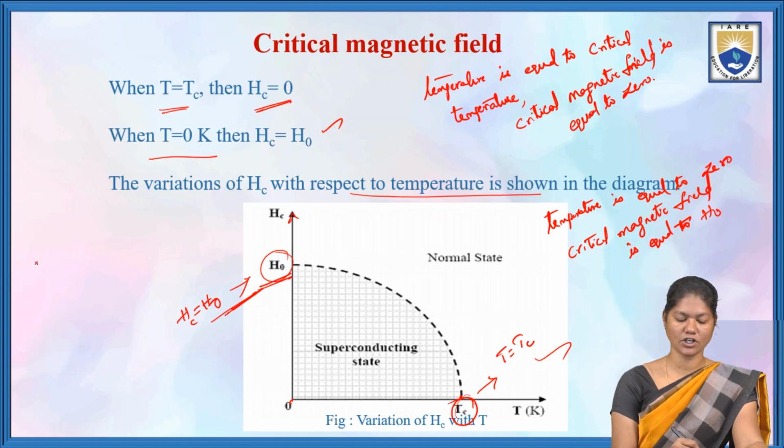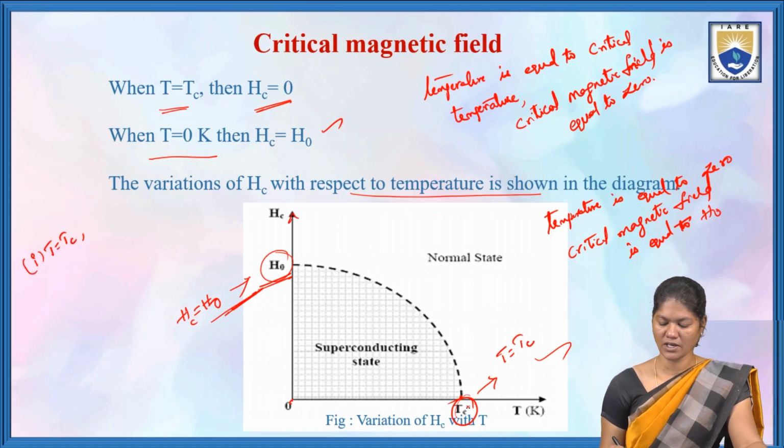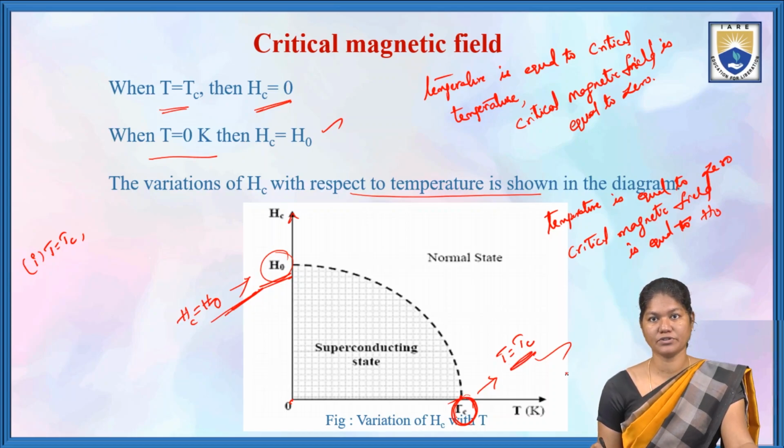Okay, so when we take the first case, T is equal to Tc, this critical magnetic field becomes 0.